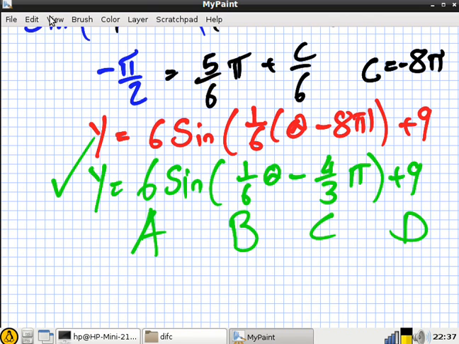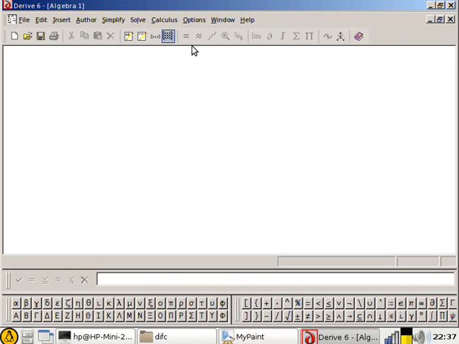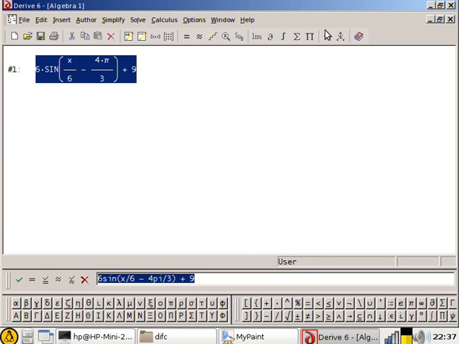Just wait for the program to open. Okay, so we have 6 sine of theta, which I'll type in as x, over 6, minus 4 pi over 3 plus 9. Okay, let's graph that.